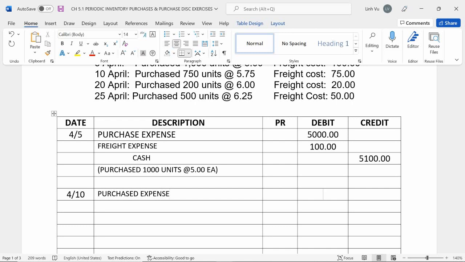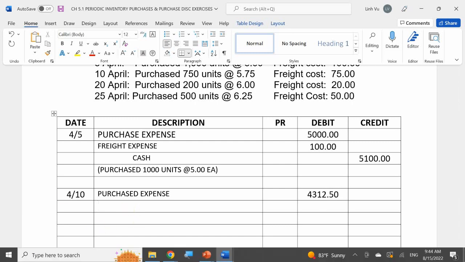Okay, so let's go ahead and do the math real quick. $5.75 times 750 will give you 4,312.50. What else do we need to recognize? Freight expense of $75.